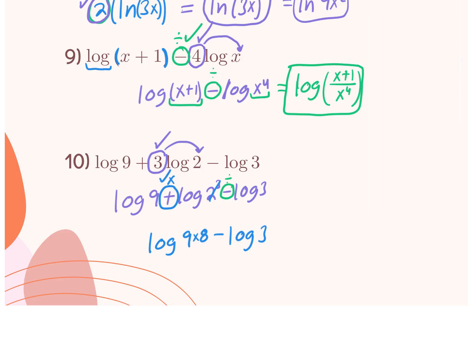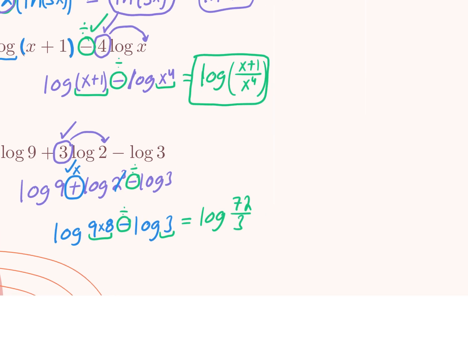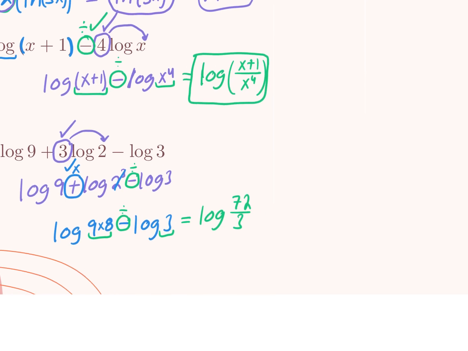I'm going to check that off. And then we have a minus, and that's going to become division, this whole thing divided by this whole thing. So this is going to become log of 9 times 8, which is 72, divided by 3. And then that takes care of division. I'm going to check that off. If you have just a plain number, you can simplify it as much as you can.